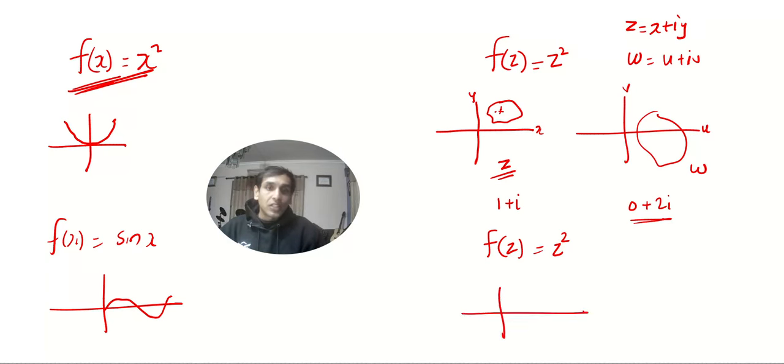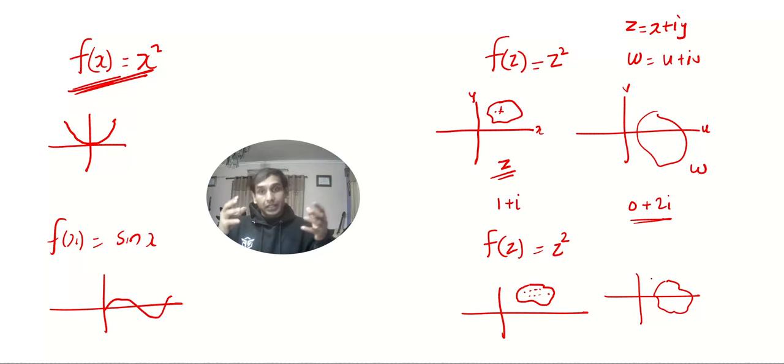So look at this. Suppose I consider only this part as the domain. Can you see the domain contains an infinite number of complex numbers, and the output will be another group of complex numbers. It can be the same, it can become bigger, it can become a parabola, not in the case of z square, but it can become a parabola.